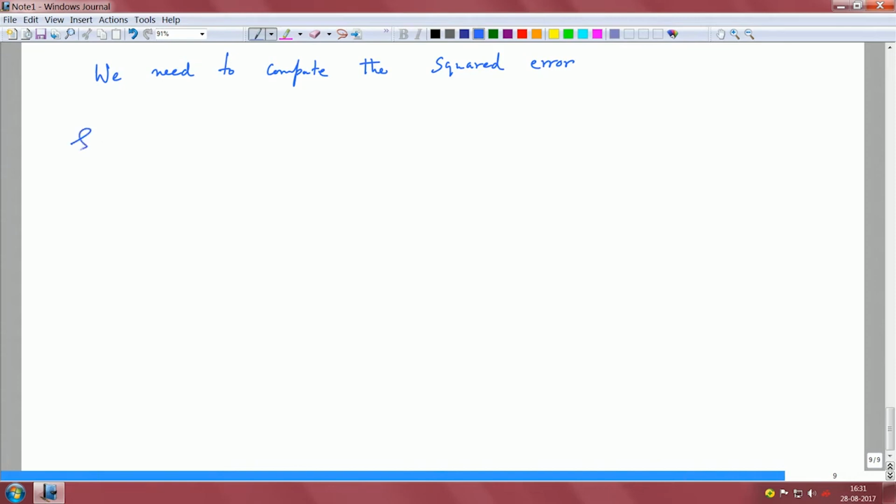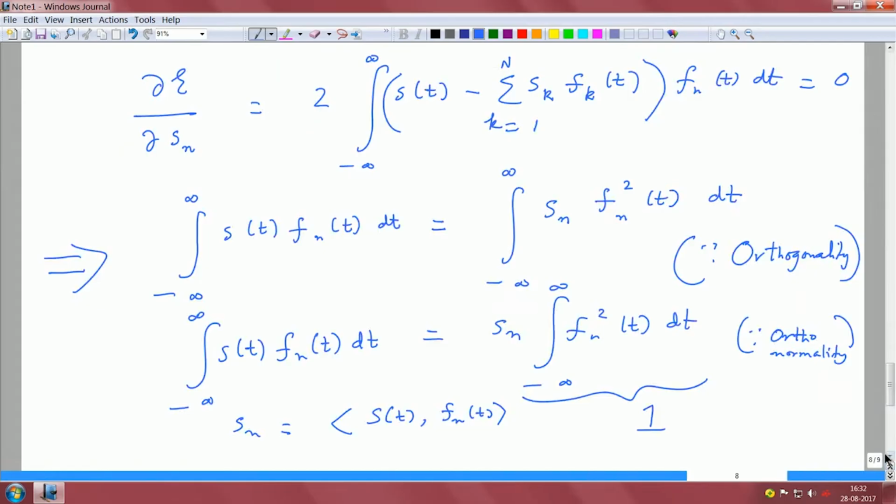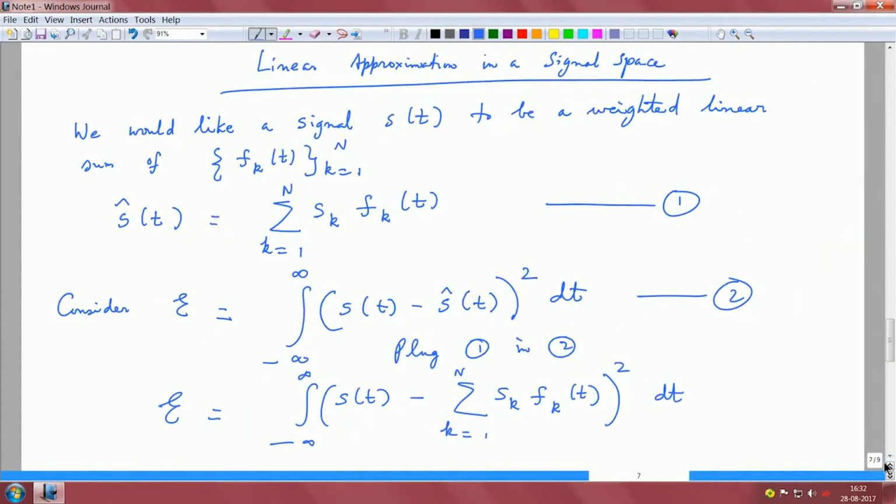So, E, if you just expand this out, is the integral of s of t minus this quantity, squared dt, right. You have this equation 2, and you just have to expand equation 2 in this form here.